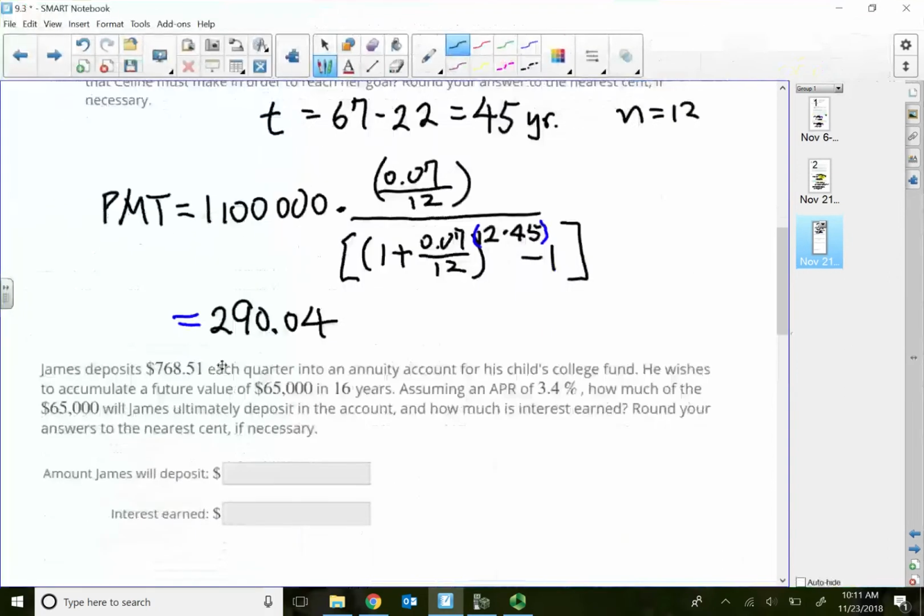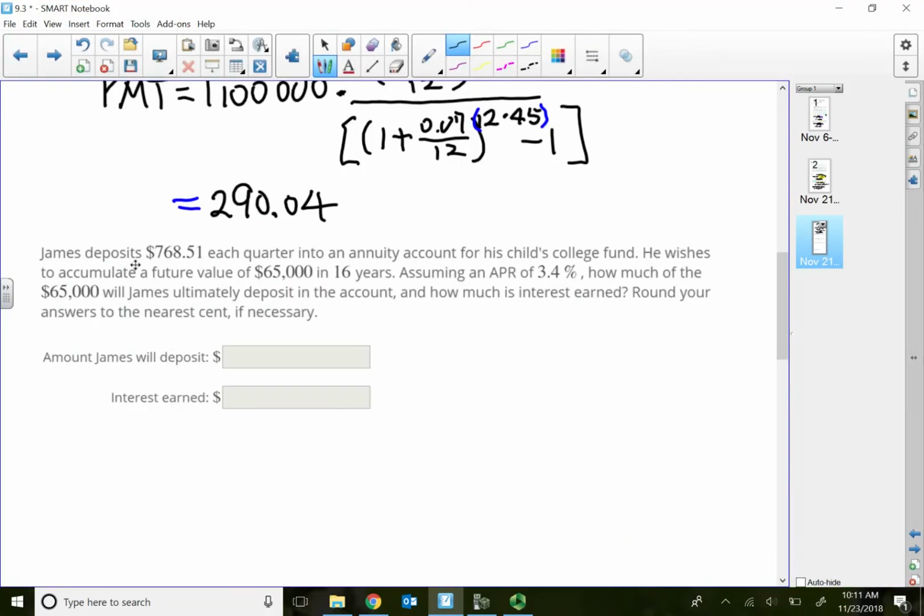So now, with this same concept with James, how much will he ultimately pay in 16 years? So this is $768.51, right? Times, well, he's not making this.